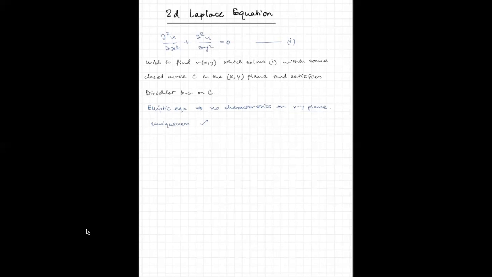So for the case where this C is a circle of radius r, U at r cos theta, r sin theta is equal to 1 over 2 pi, the integral from 0 to 2 pi of U at C, times R squared minus r squared, divided by R squared minus twice R r cos of theta minus theta primed, plus r squared.